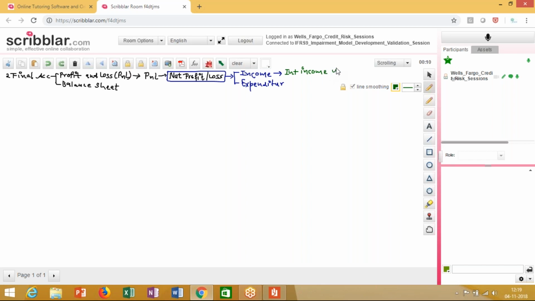When I say interest income, I mean the income that the bank earns from loans. Non-interest income can imply any income which the bank earns other than from lending.